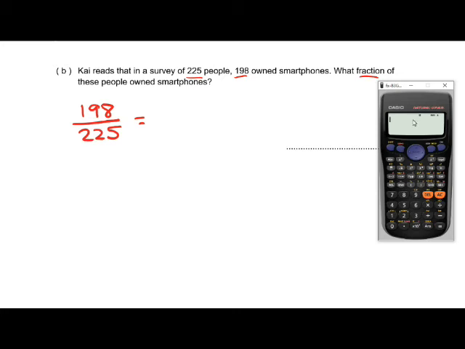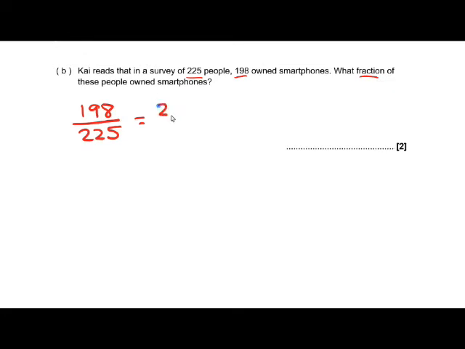Call up your calculator and then put in the fraction. 198 as your numerator, rocker switch down, 225 as your denominator, and just press equals. It will simplify it for you. So it's 22 over 25. So the fraction of people that own a smartphone is 22 over 25.